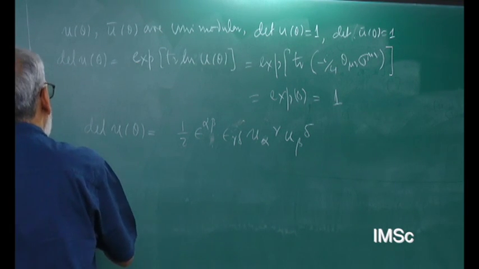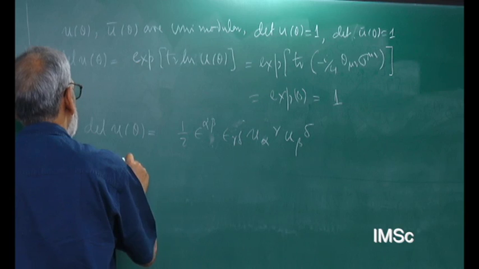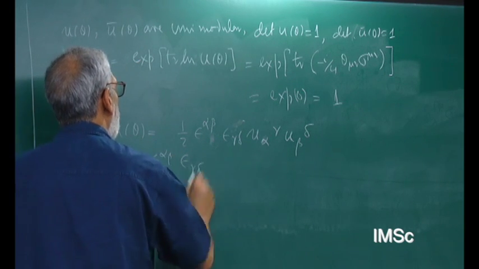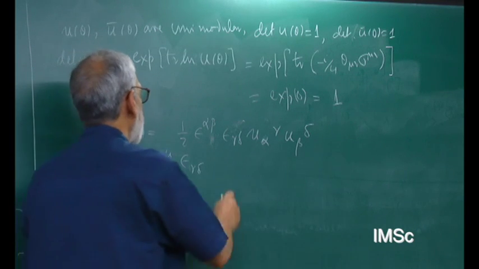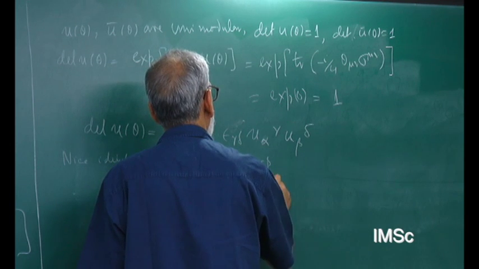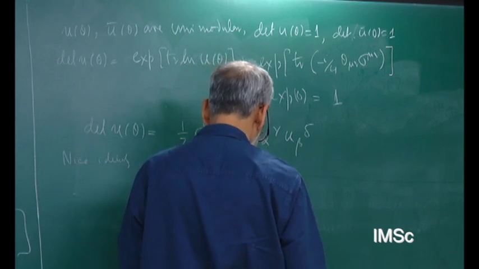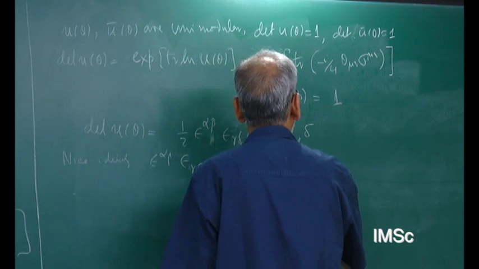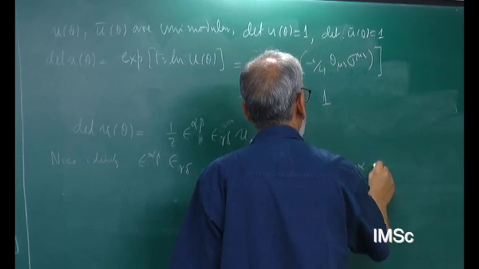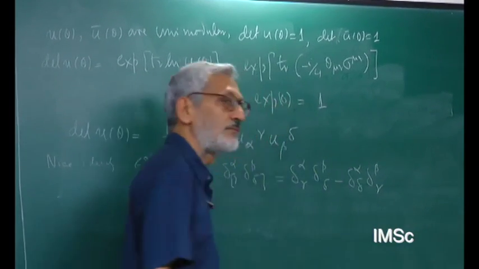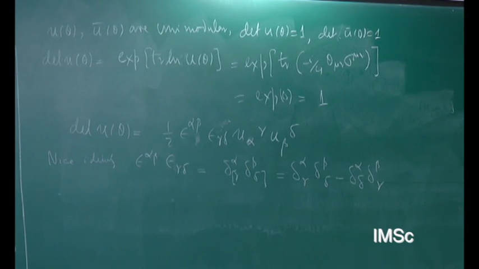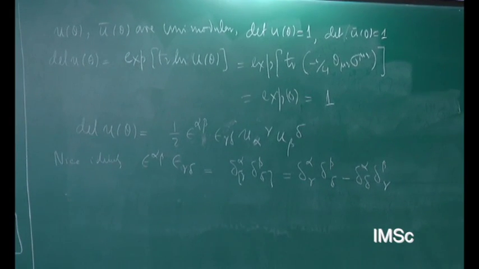There's a nice identity for these epsilons: epsilon alpha beta times epsilon gamma delta is delta alpha beta gamma delta anti-symmetrized, which is delta alpha gamma delta beta delta minus delta alpha delta delta beta gamma. It's a nice property of these 2 cross 2 matrices.